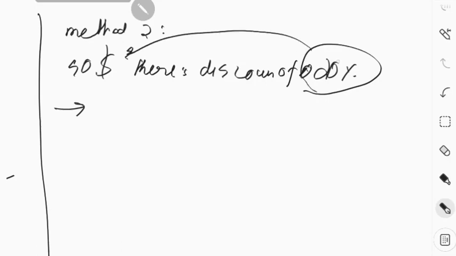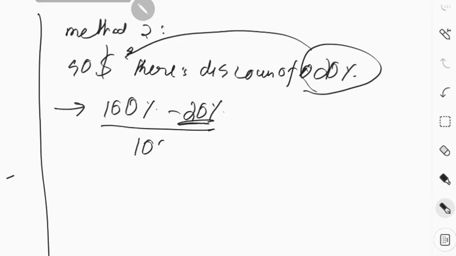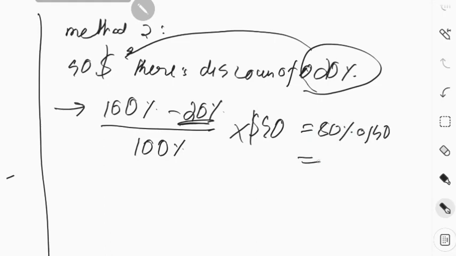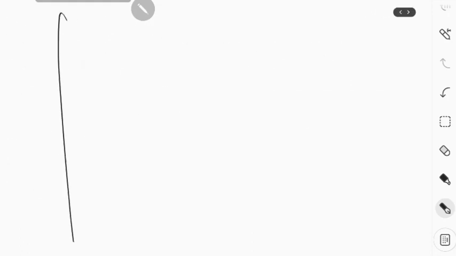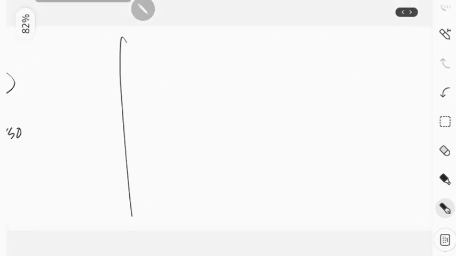But what does this 20% mean? It means that out of the 100%, you do not need to pay 20%. So you divide by 100%. This is the fraction, and then we multiply it with $40. So this is 80% of $40, and you're going to get $32. I hope you understand this. If you have any questions, you may ask.